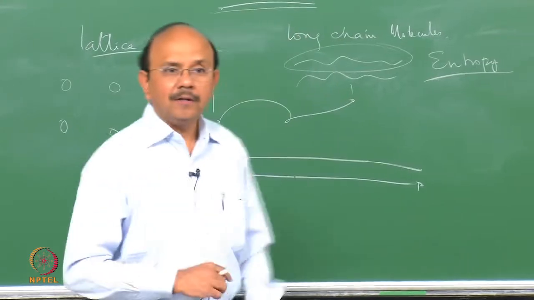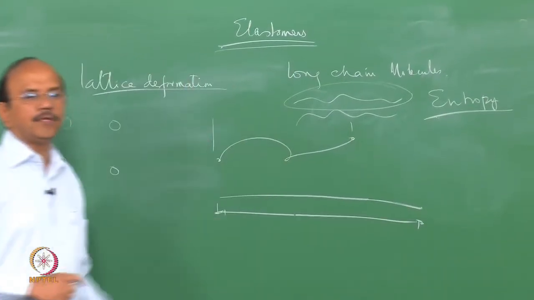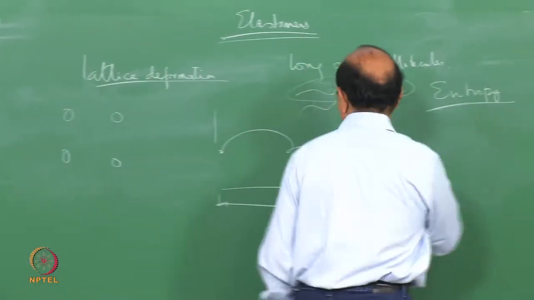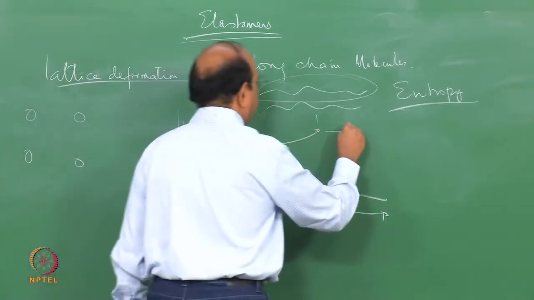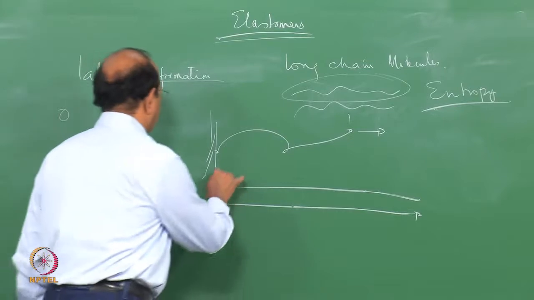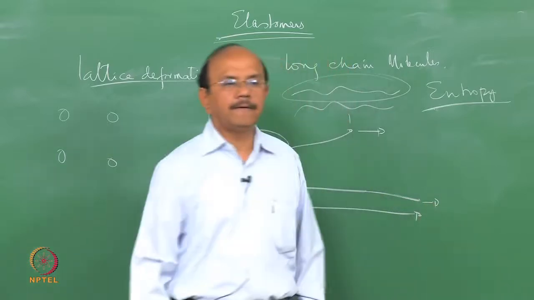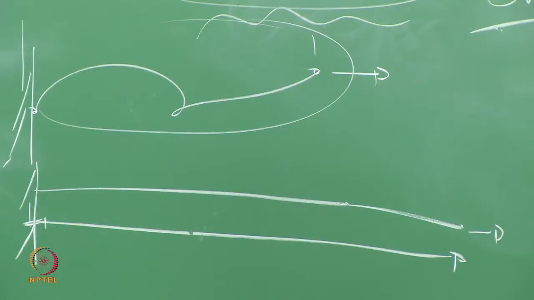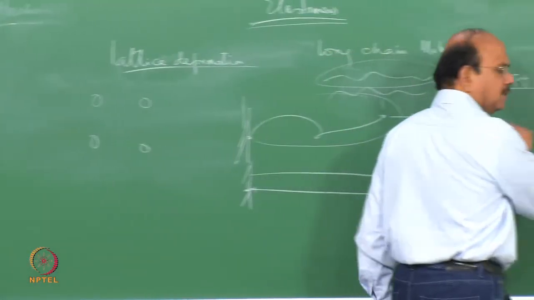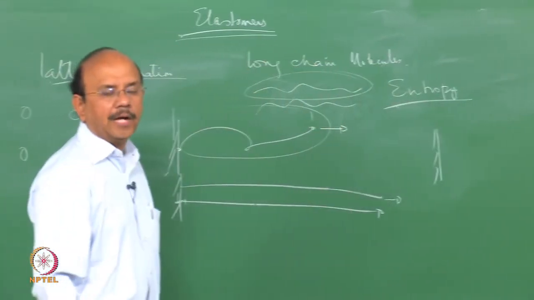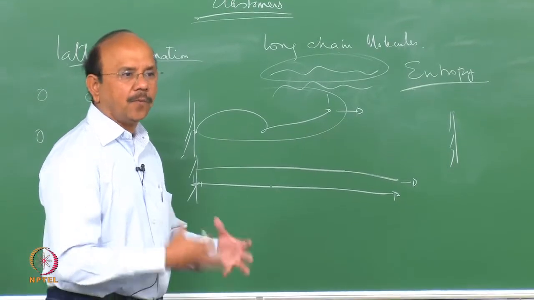So at one level, you can imagine that these molecules are like a spring. You can say that I will fix it here, I will pull it, and it becomes like this, and then when I leave it, it goes back to this position. You can imagine the same situation when you have these springs which are bonded by sulfur.